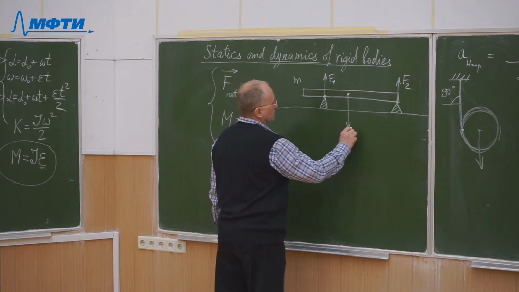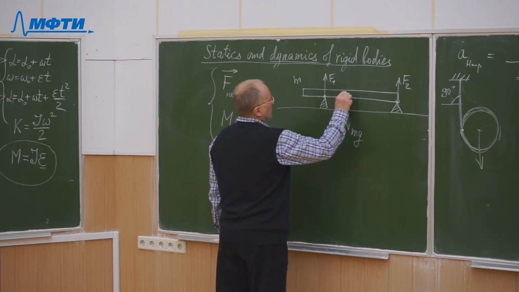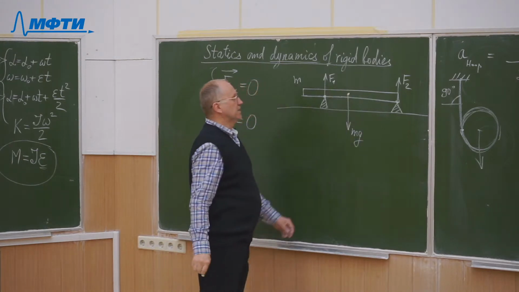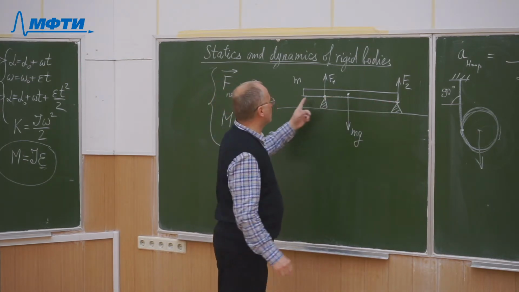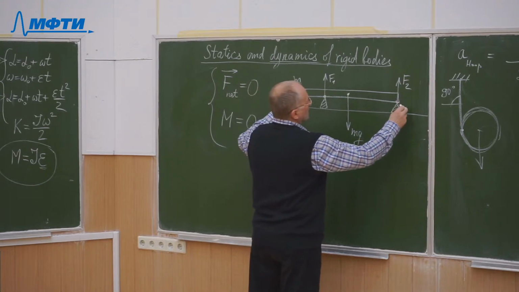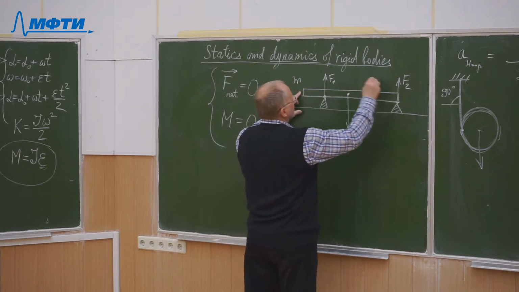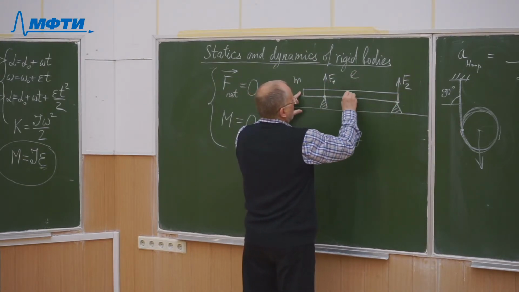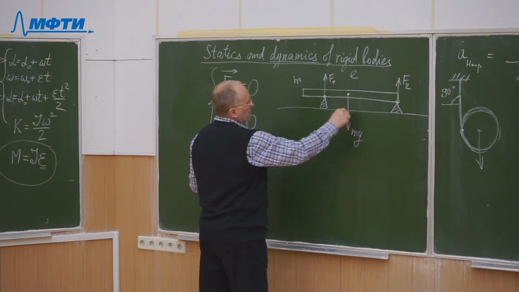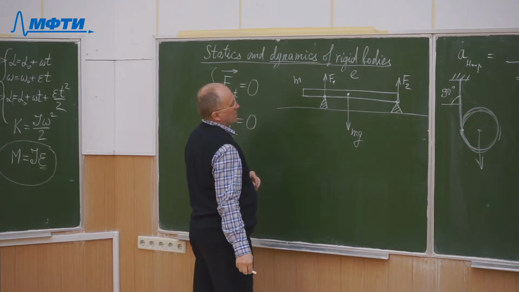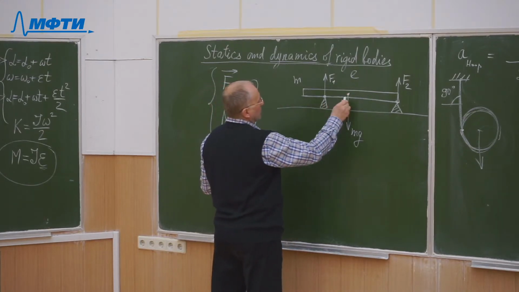The gravitational attraction is the force applied to the center of mass of the body, and if the body is a uniform bar of length L, for example, total length is L, then in the center of this bar there is this force acting on the bar.